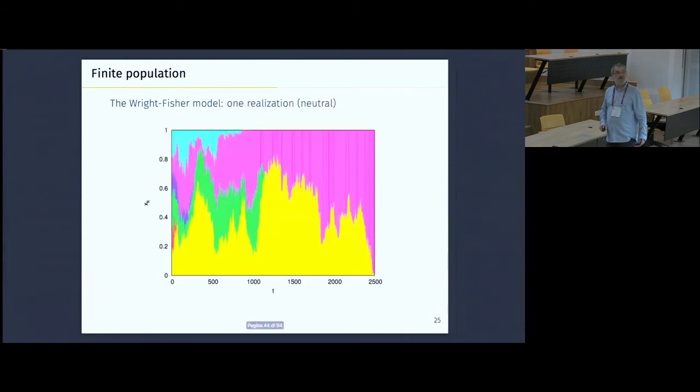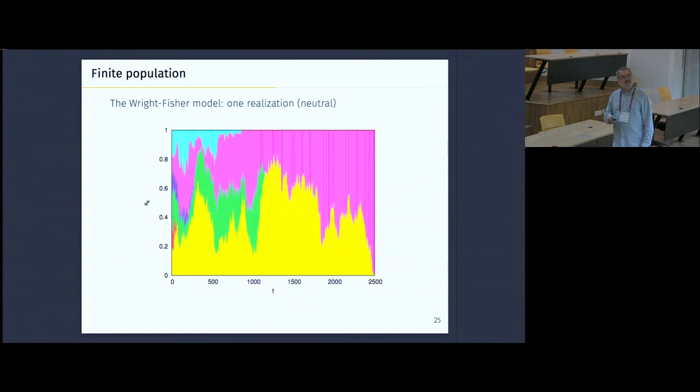This is a very easy simulation you can do. I don't remember the parameters here. And here we have a neutral case, and I think we have 5 different kinds.